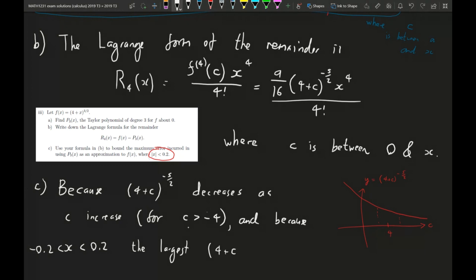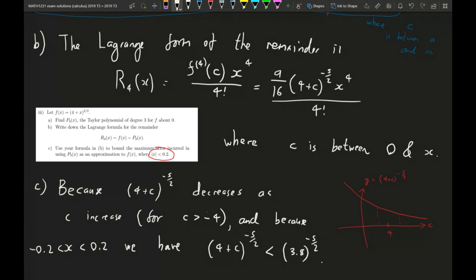So because of this, what we have is 4 plus C, well, that has to be less than... So what's the smallest C can be? C is bounded below by minus 0.2 because it's bounded by where X can go. So 3.8. This is going to give me the largest value for that number.